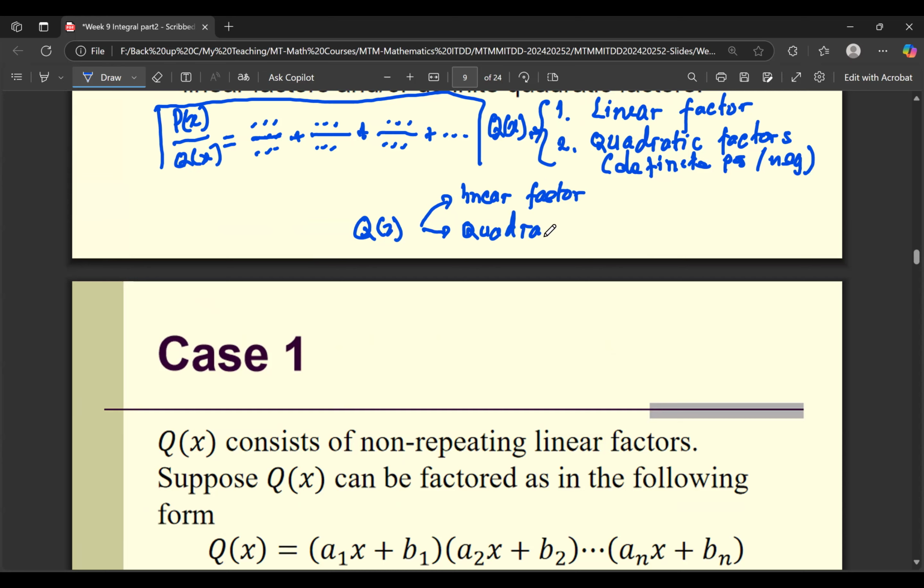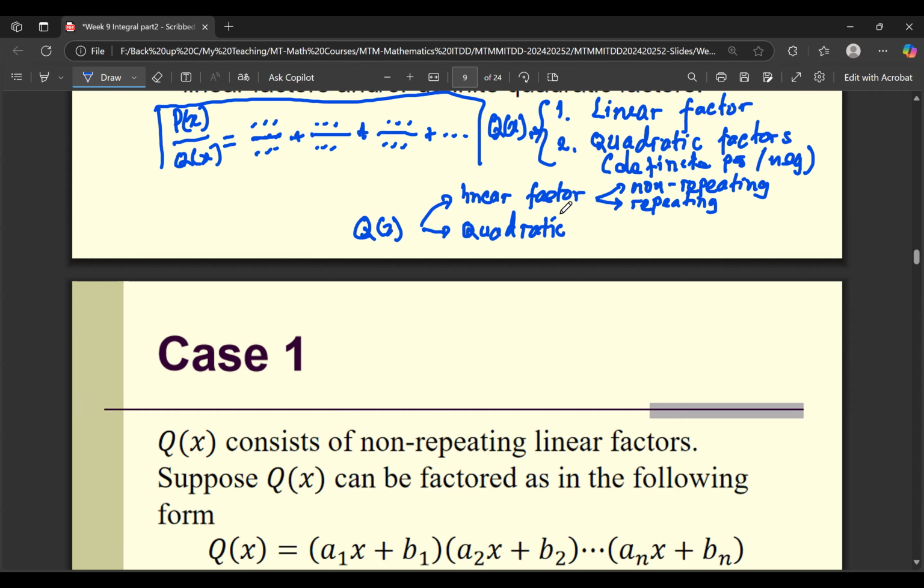For linear factors, we have two cases: non-repeating, where all of them are different, and the second is repeating.